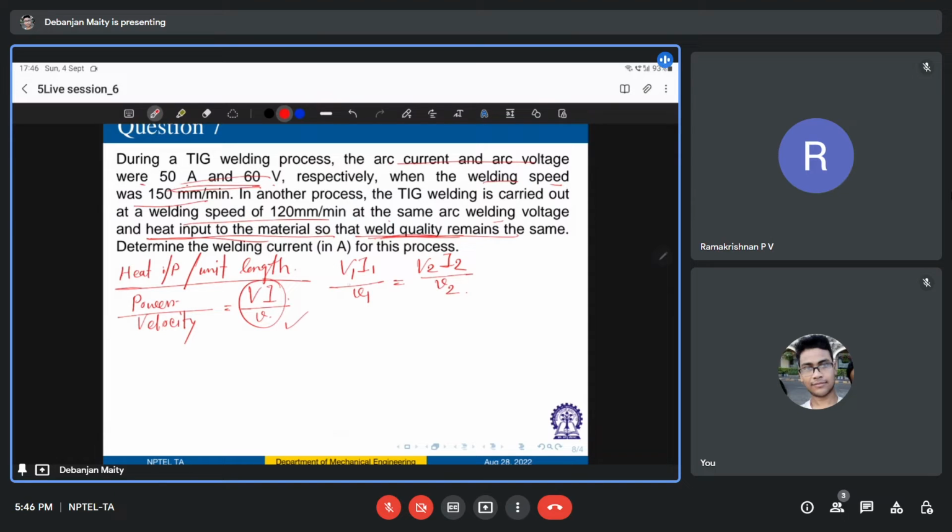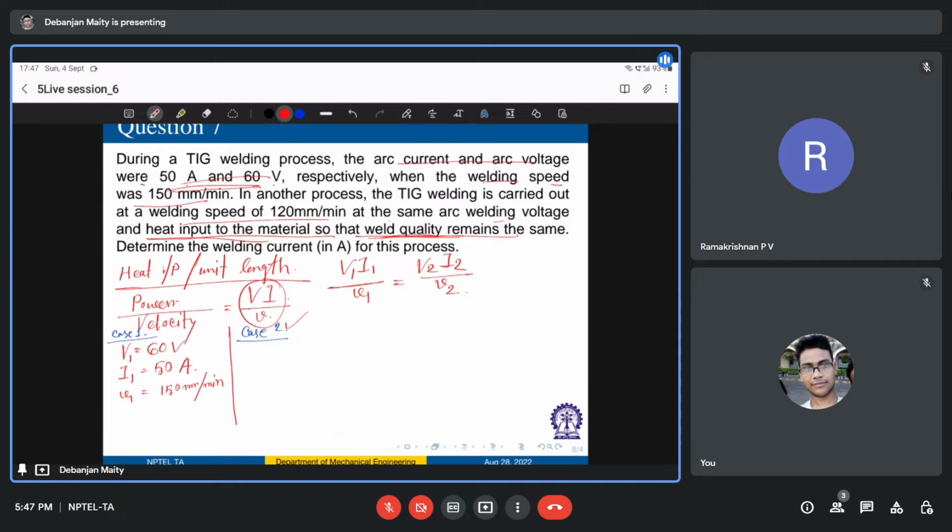So for case 1 your voltage is given as 60 volt, I1 is given as 50 ampere, and velocity 1 is given as 150 per minute. This is my case 1. It is case 2.